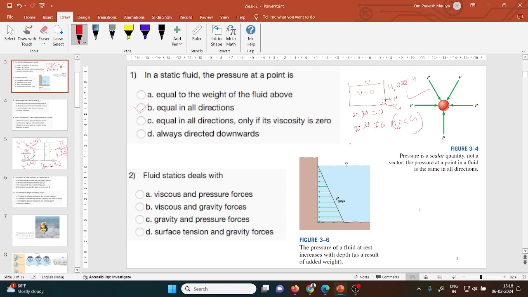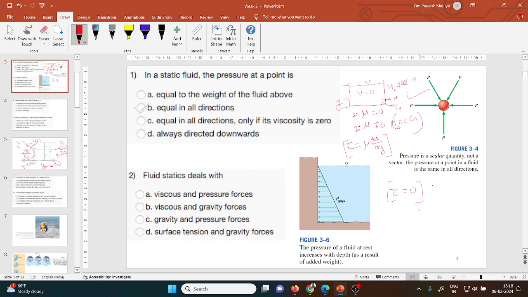Here what is zero? The shear stress. As per Newton's law of viscosity, tau equals mu times du by dy, where y represents the depth of your bucket. Here velocity is zero. If velocity is zero, shear stress will be zero in case of static condition.